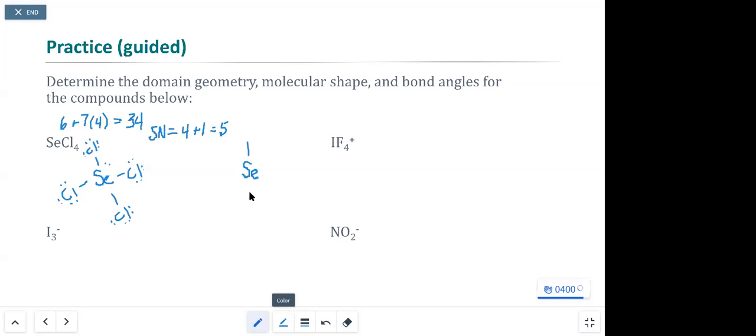I'm going to draw out my trigonal bipyramidal structure. And I know that the lone pair is going to go into this equatorial plane here in the middle, and that my chlorines are going to go everywhere else.